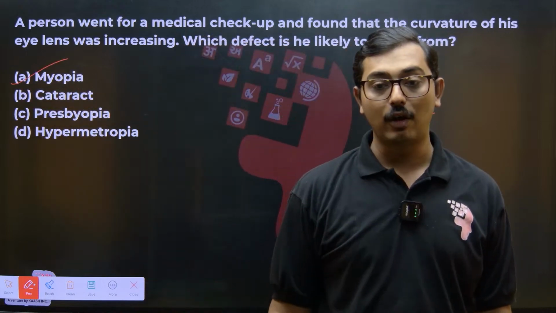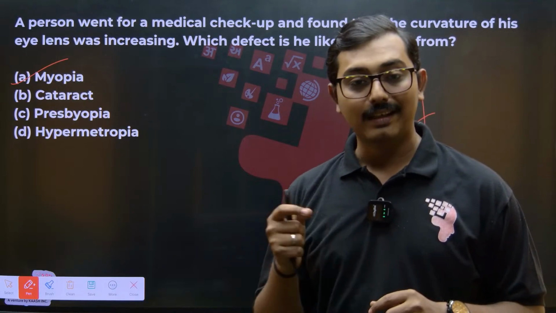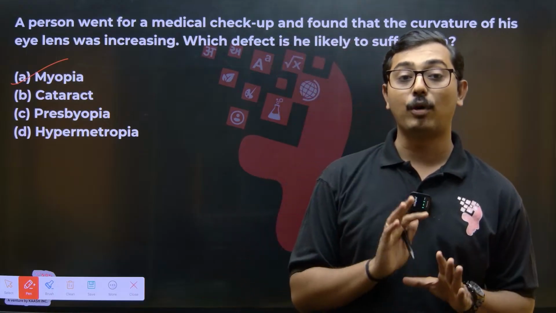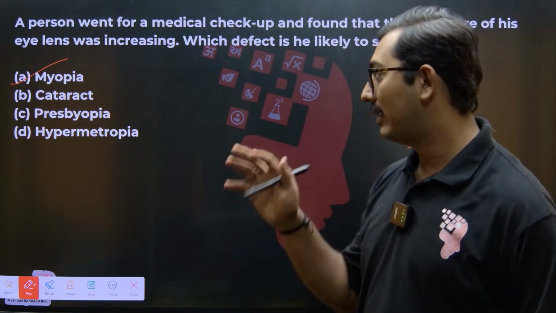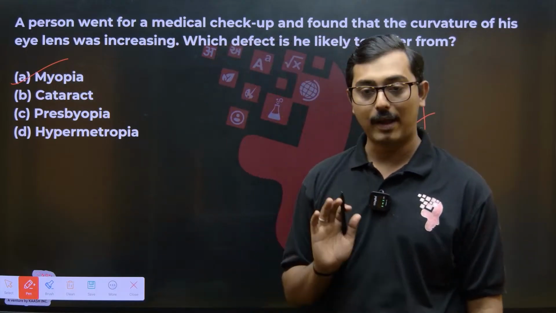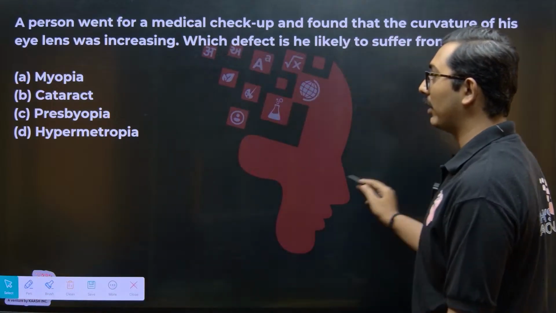Then and only then the lens is stretched, our ciliary muscles are stretching the lenses and they are not able to relax properly. Hence, the disease caused to that person is called myopia. Easy question it was.